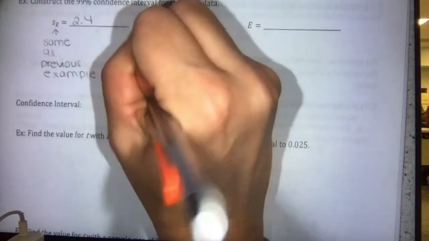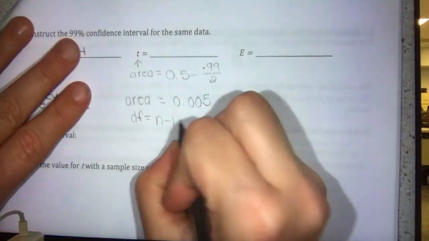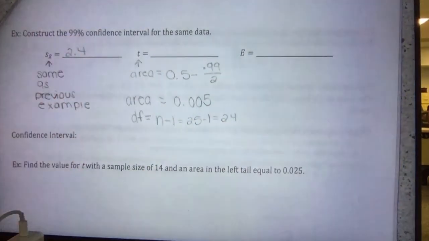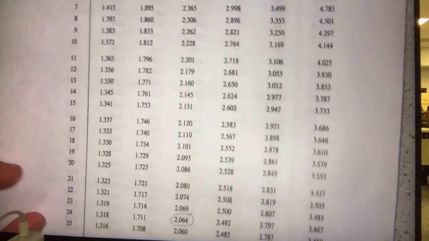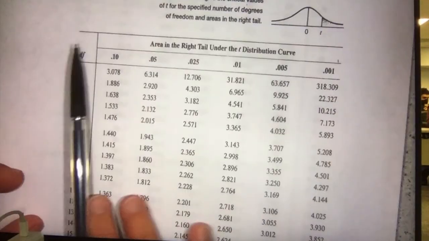And we have our degrees of freedom, which is n minus 1. So if you go to the previous page, our n value was 25. So we have 25 minus 1, which is 24. So we're looking at, on our t table, 24 degrees of freedom.